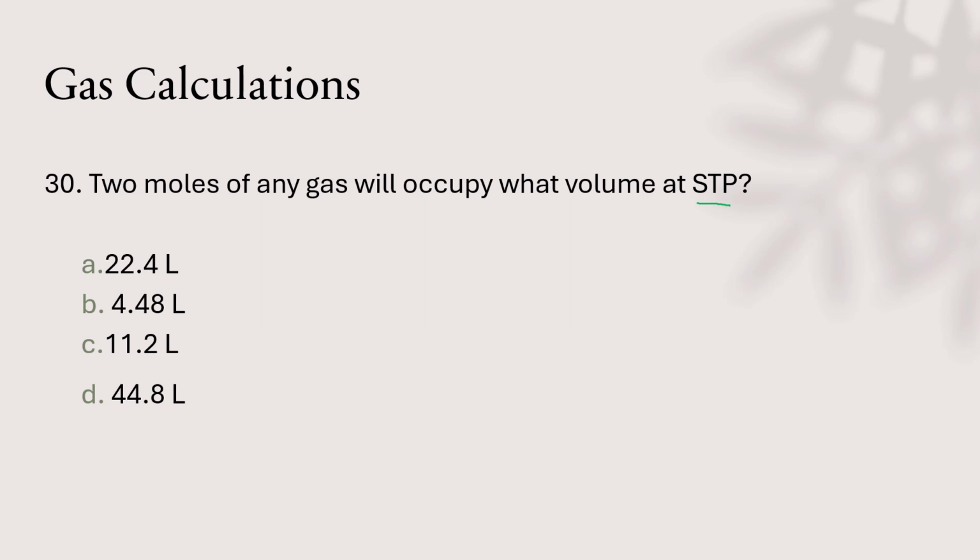Remember, standard pressure is 1 atm and standard temperature is 273.15 K. So this is asking, what if you had 2 moles of any gas at STP? Well, if you remember, 1 mole was going to be 22.4 liters. That was that standard number. So if we had 2 moles, we would need double that. So D is the answer here.